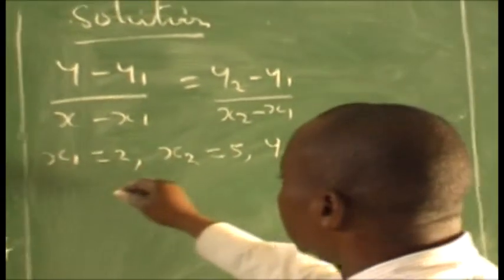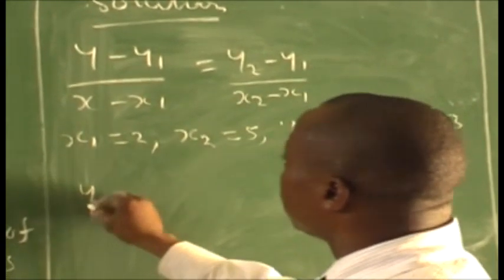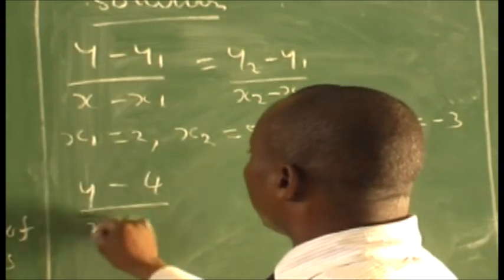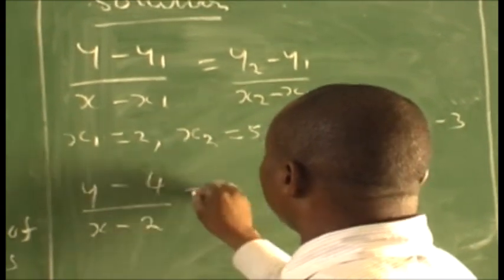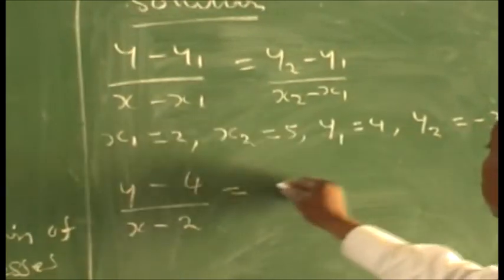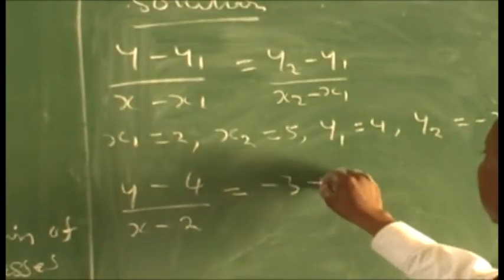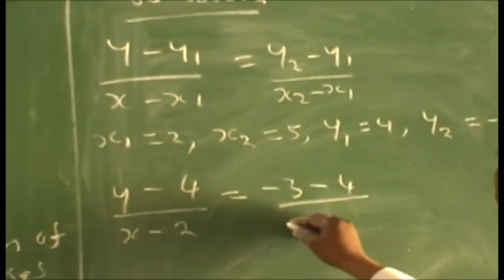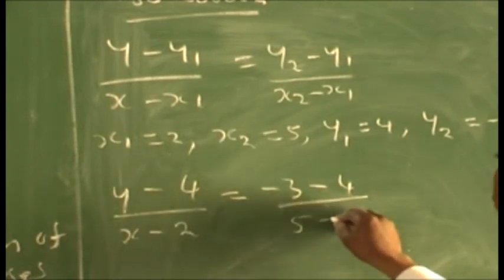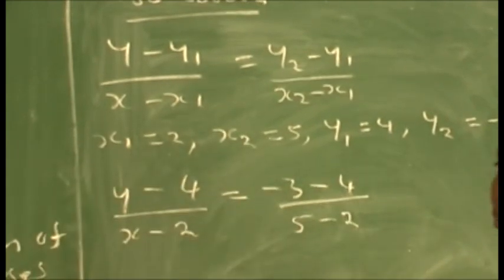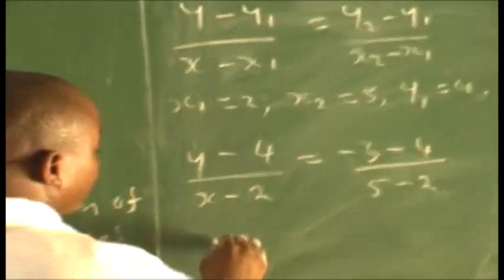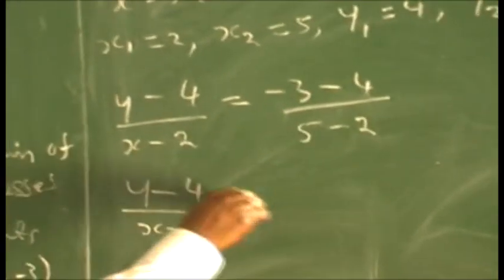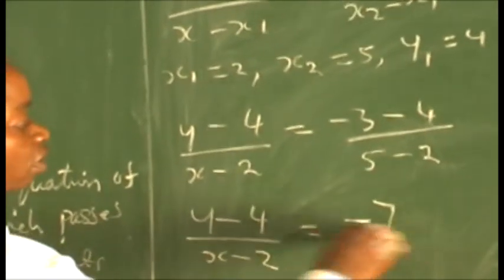So if we do that, we will have y minus y1, y1 is 4, all over x minus x1, which is 2, will be equal to y2, which is minus 3, minus y1, y1 is 4, all over x2, which is 5, minus x1, which is 2. So that will give us y minus 4 all over x minus 2 equals minus 7 all over 3.